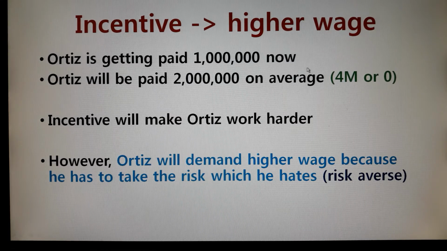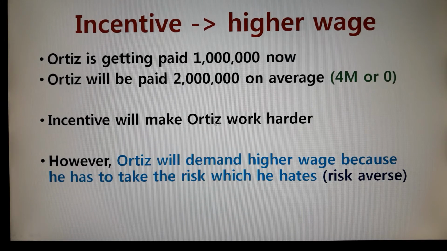So it is one thing to give Otis incentive to work harder, but it is another thing that when Otis is a risk-averse agent, if you want to give an incentive to a risk-averse person, you end up paying more. In this case, twice more.